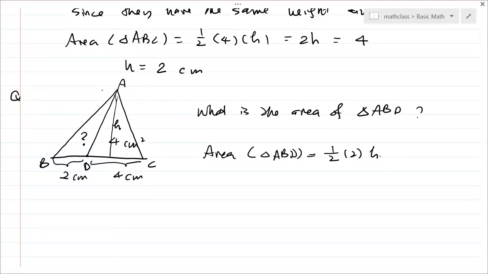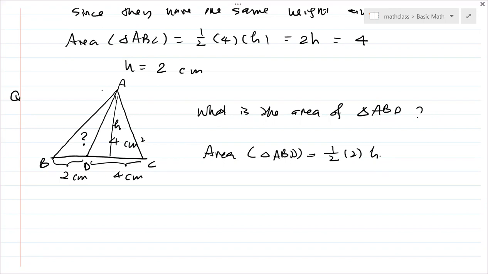That's called a 2-step problem. In advanced mathematics, we sometimes have to solve 3-step problems. In a 2-step problem, you have to solve the first problem before you solve the other. So you have to find h first.